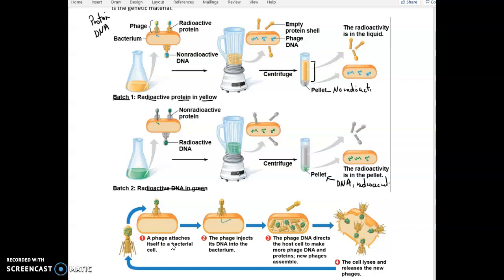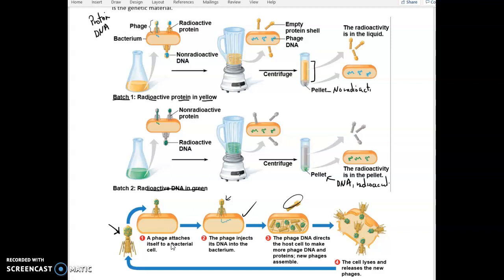So this is the life cycle of a phage. This is a phage. Looks a little like a Martian lander. It attaches itself to the outside of the bacterial cell. It injects its DNA into the cell. The protein shell remains on the outside and eventually moves away. The phage DNA directs the host to make more phage DNA and proteins.